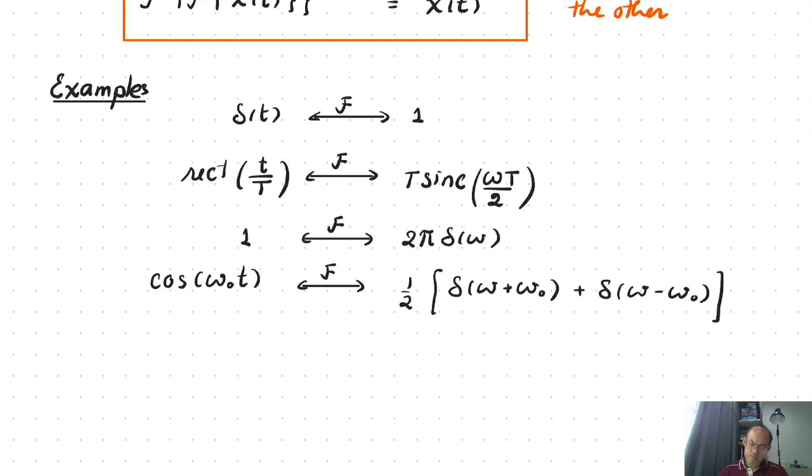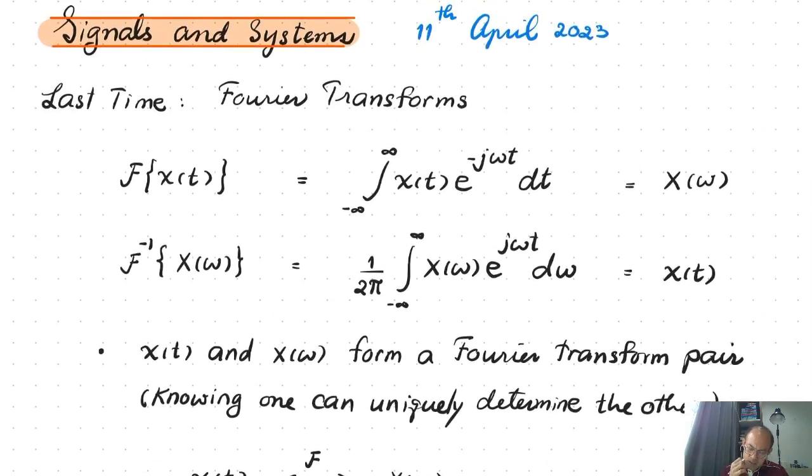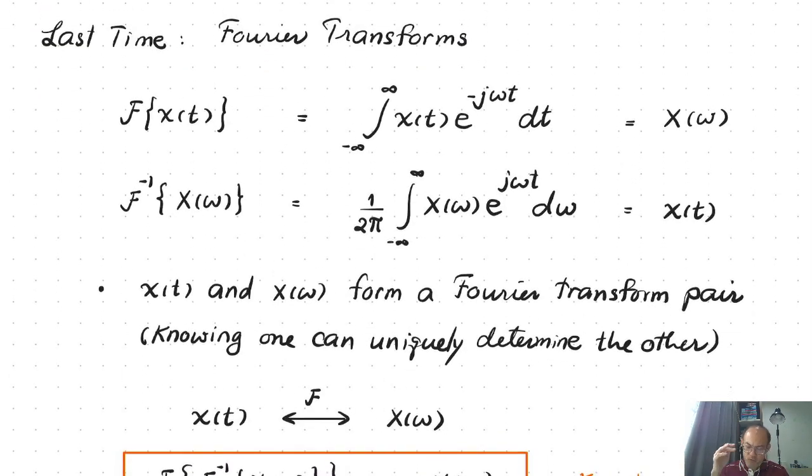Now let me go back momentarily to say that the Fourier transform can represent a time signal. It is a representation of a time signal in the frequency domain.